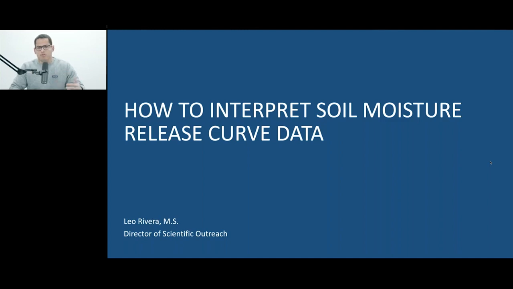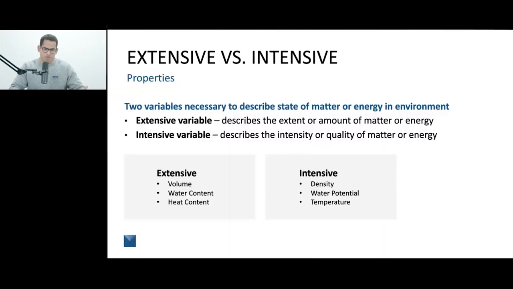But before I dive into the soil moisture release curve data, I really think it's important to go over some fundamentals first. And I do this because I'm trying to stress the importance of why we even make these measurements. So in nature, we need to understand the difference between extensive and intensive variables.